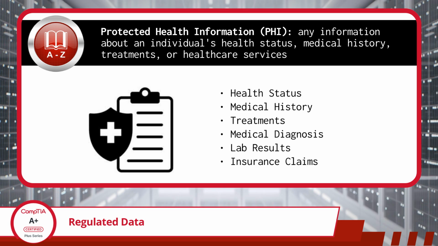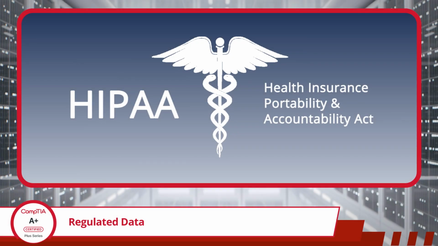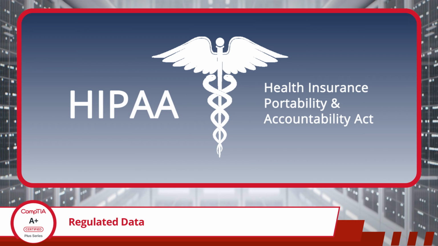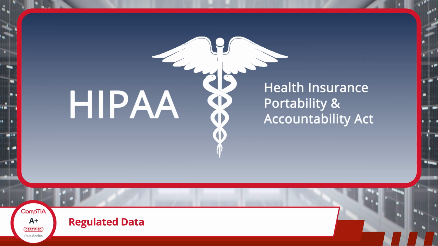In the United States, PHI falls under the jurisdiction of the Health Insurance Portability and Accountability Act, or HIPAA, for short. HIPAA is a U.S. federal law that sets strict guidelines for how healthcare organizations and their IT systems must handle PHI. It requires encryption, secure access controls, and detailed audit trails to ensure compliance.